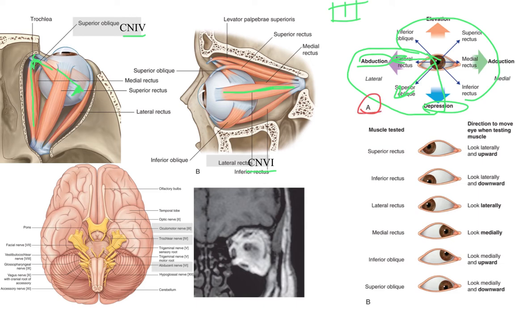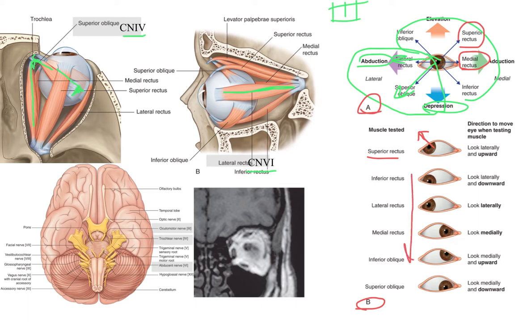Image A right here basically shows you if you were to contract certain muscles, what direction your eyeball would move. Figure B down here shows that if you want to test the function of a particular eye muscle, this is the direction you need to look. So if you want to test the function of the superior rectus, you would look in a medial and upward or elevated direction, and so on.